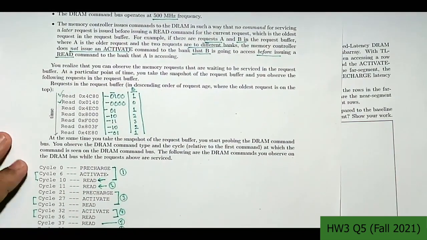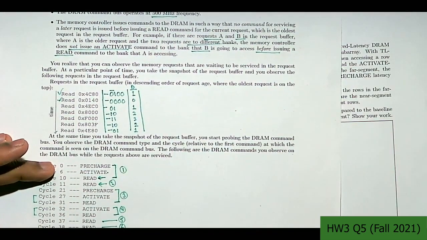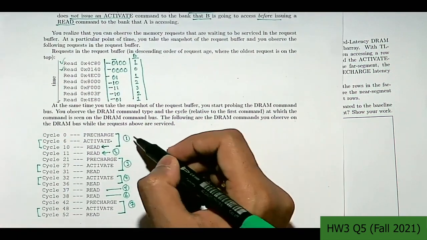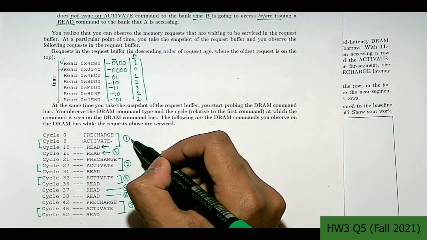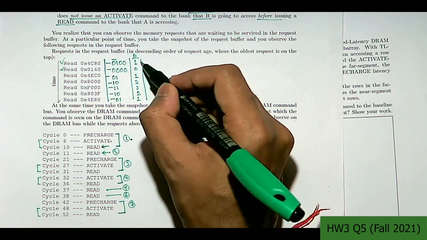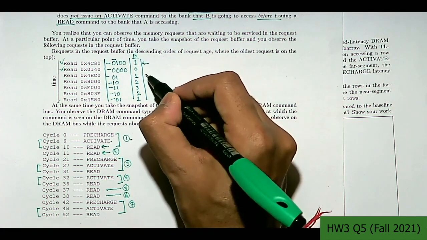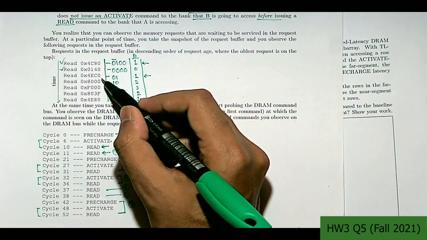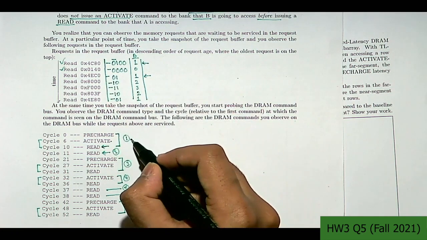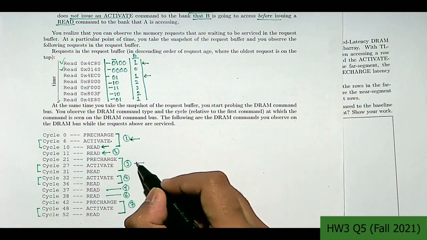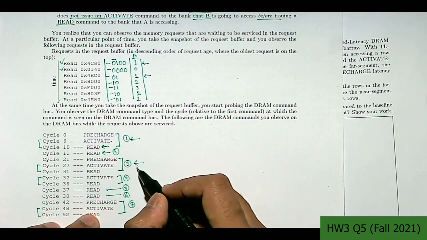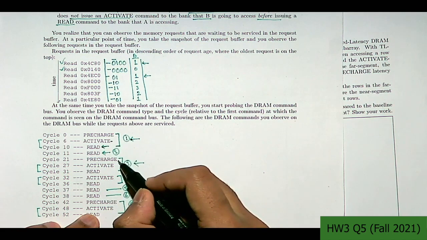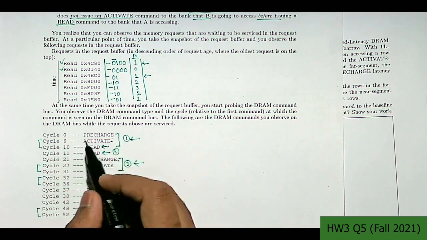Okay, so now the question is activate to pre-charge latency. Let's say access 1 and access 3. These two accesses are going to the same bank. Make sense? So you should be worrying about the activate to pre-charge latency between these two cycle counts.